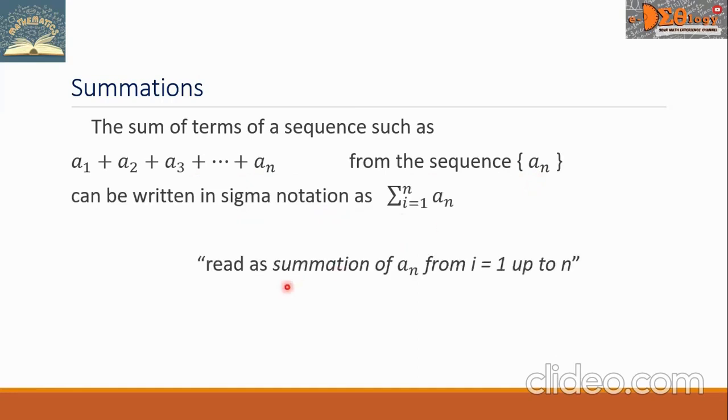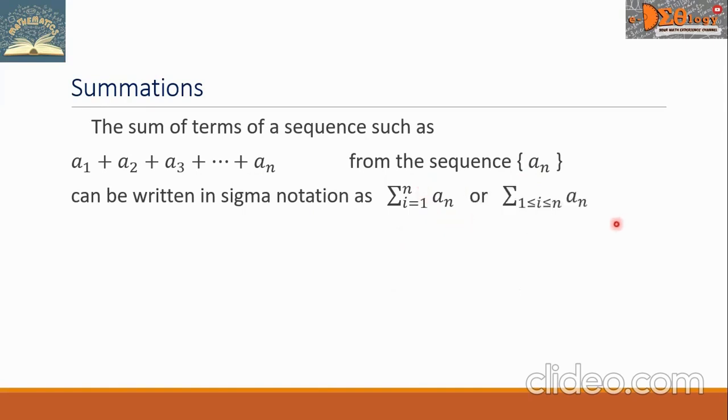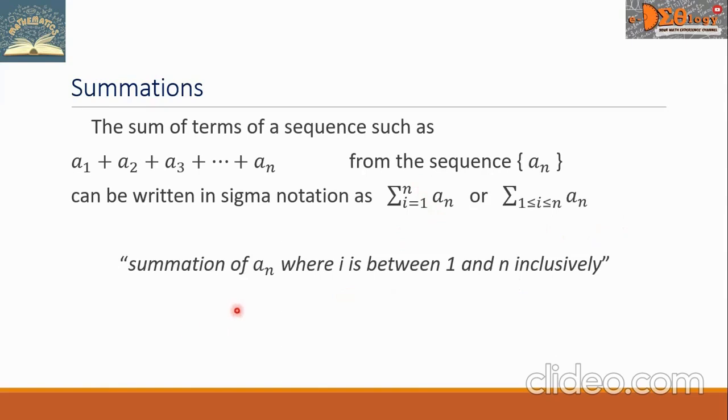We read this as summation of a sub n from I equals 1 up to n. Or this notation, we read this as summation of a sub n where I is between 1 and n inclusively.